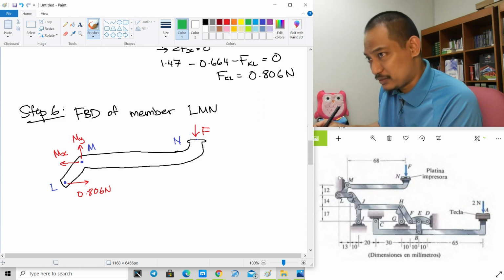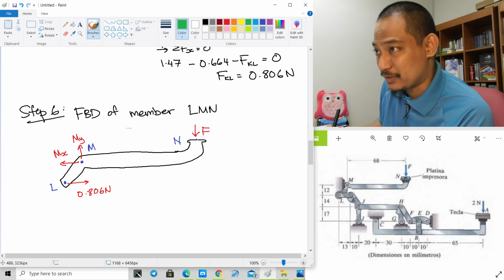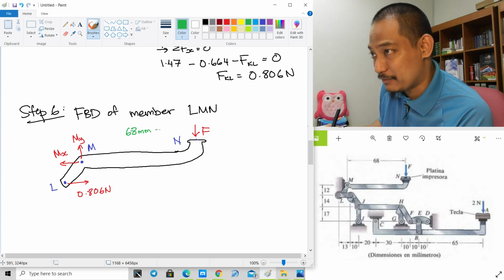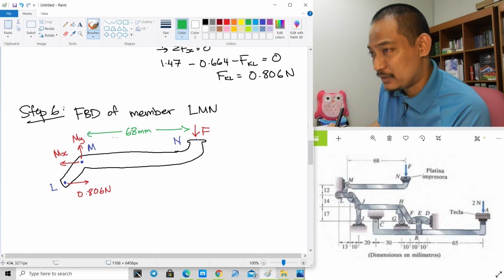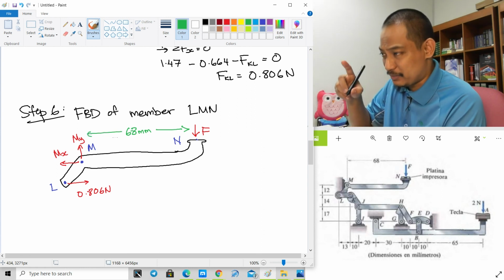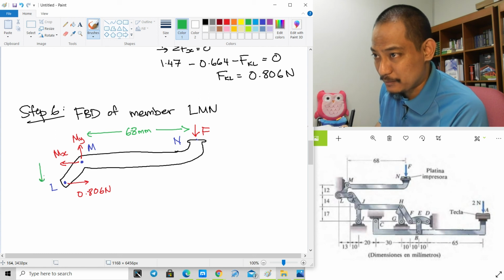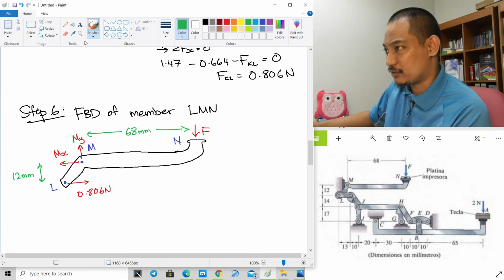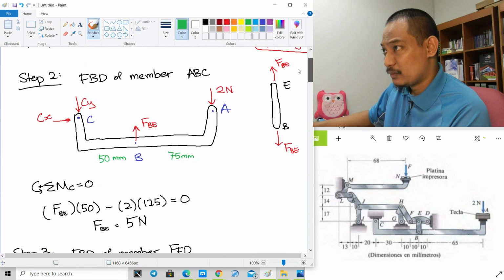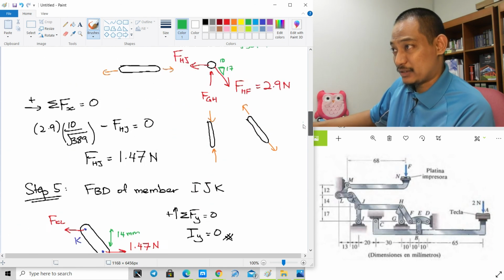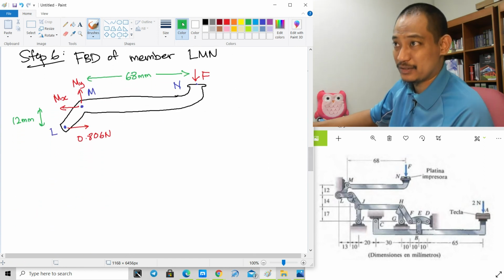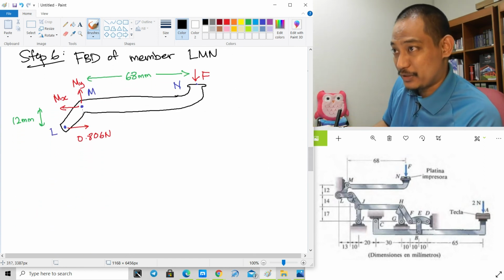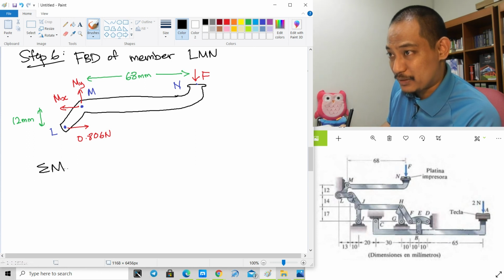In terms of the distance, from M to F is 68 millimeters. So 68 millimeter from this to this, and then we have 12 millimeter in between this. Now do we need to solve M? Yeah, we need to solve M as well as F. So I will solve F first because that's the easier one in my opinion. I'll just take summation of moment about point M equal to 0.